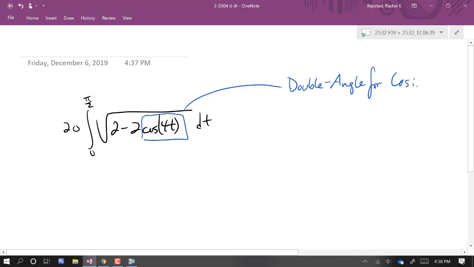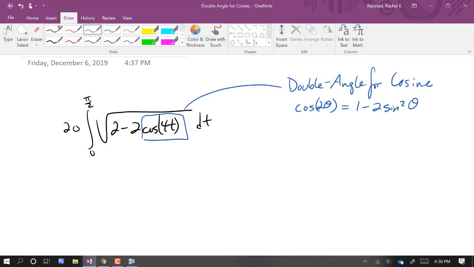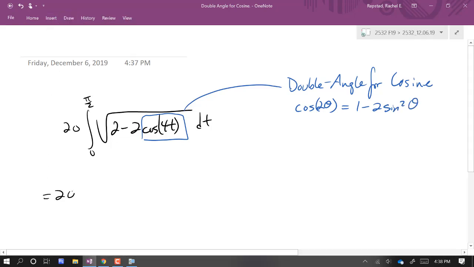There's actually 3 versions of that, but the version that we'll find most helpful is that cosine 2 theta is 1 minus 2 sine squared theta. And so that means we can replace cosine 4t with 1 minus 2 sine squared 2t.